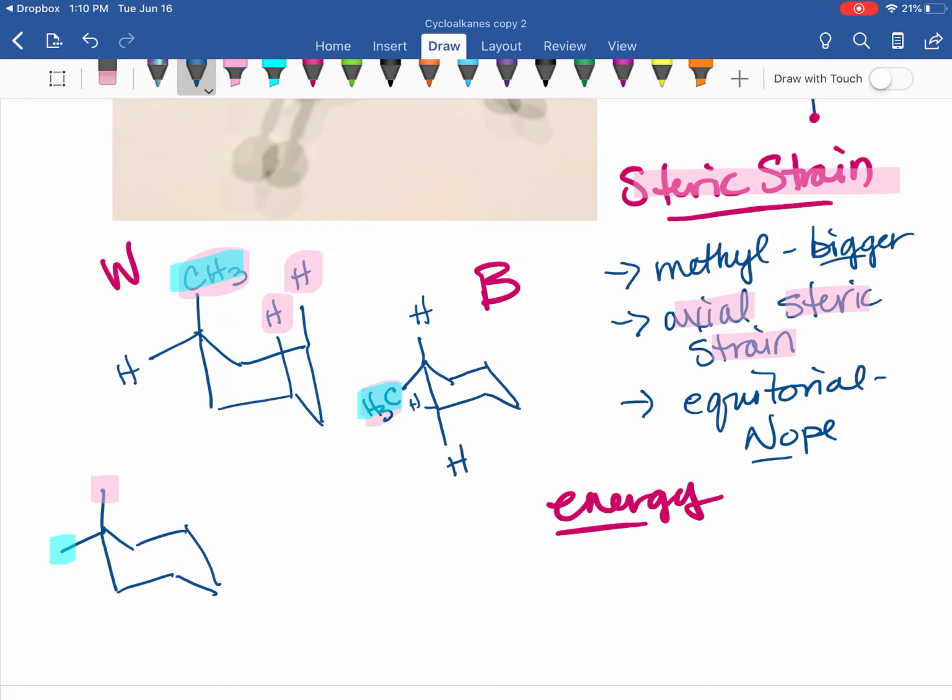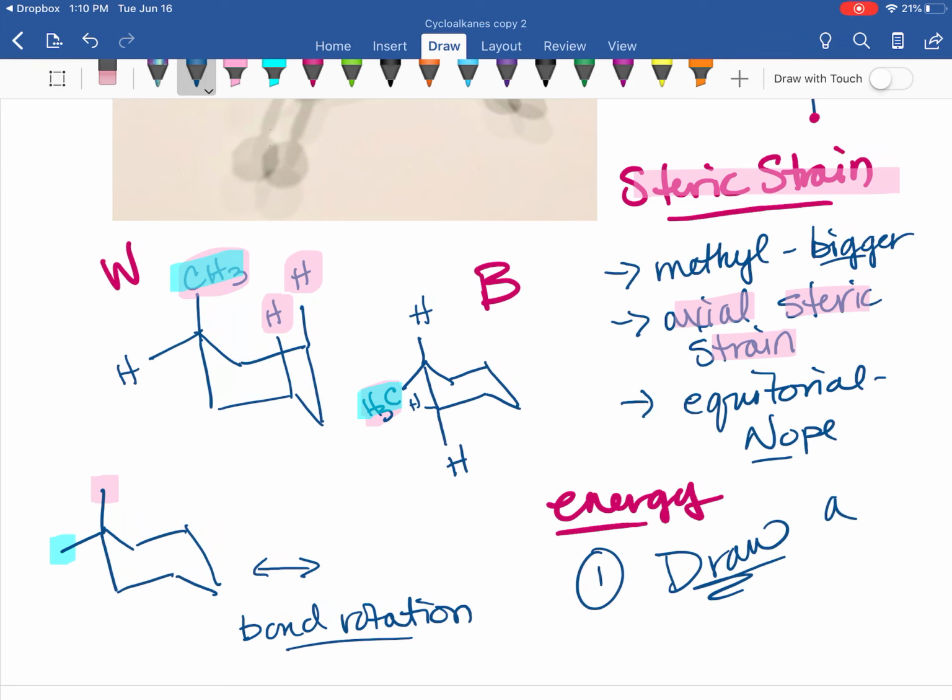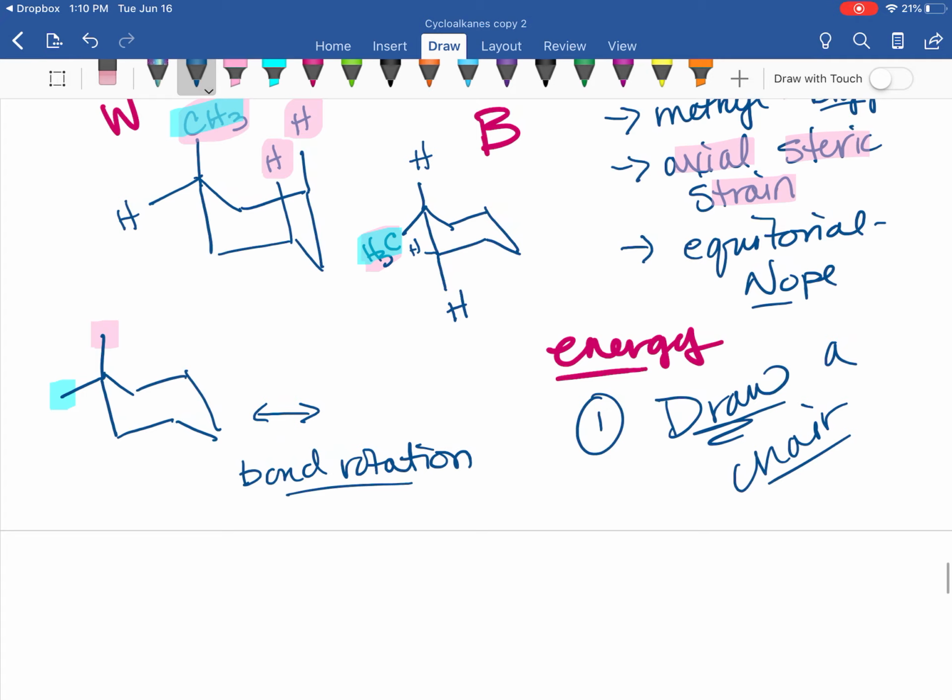That's awesome. But remember that we actually can have a bond rotation in our chair. So your first job on your chair is to simply be able to draw a chair. All right, your second job is we need to tackle this bond rotation.